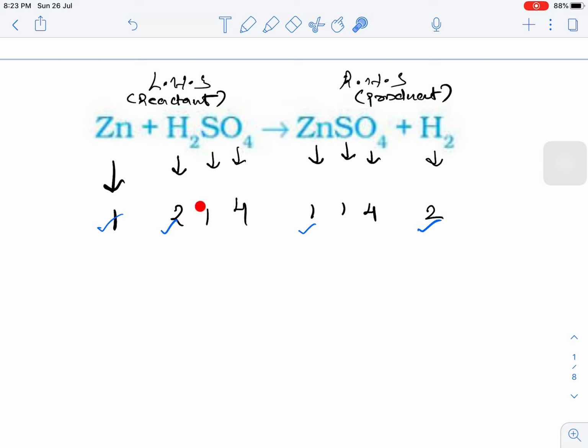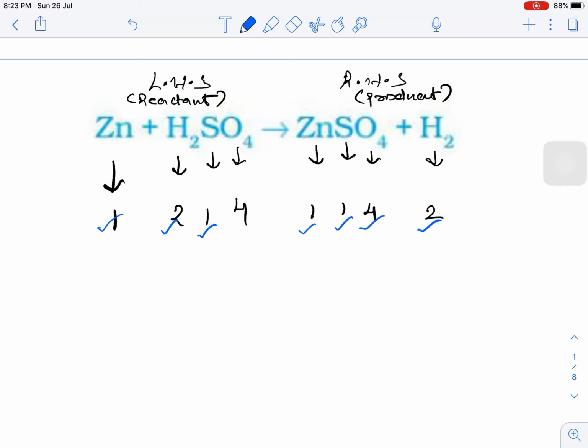On LHS there is one sulfur atom, on RHS also one, so sulfur is balanced. On LHS there are 4 oxygen atoms, on RHS we have 4, so this one is also balanced.